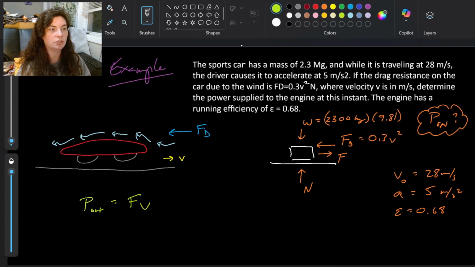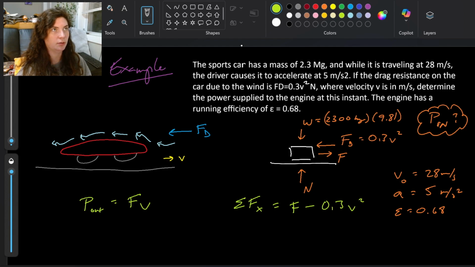We want to find the net force acting on this car. Our summation of forces in the x direction, because that's our direction of movement here, is going to be F minus Fd, which is 0.3 V squared, and that equals MA.